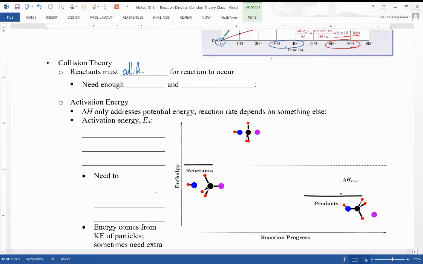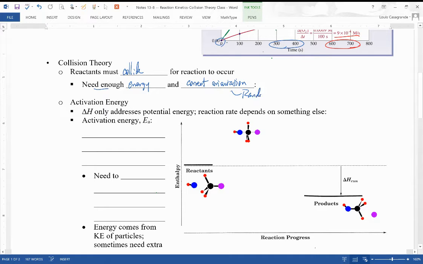So molecules also have to collide for a reaction to occur, but that's not enough. You need to collide, but you need to collide with enough energy and the correct orientation. Now, the orientation is something that we can't control. It's random.